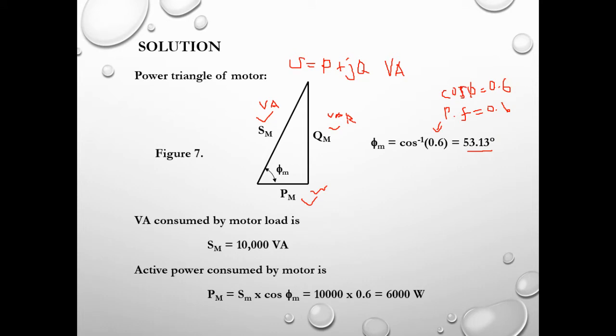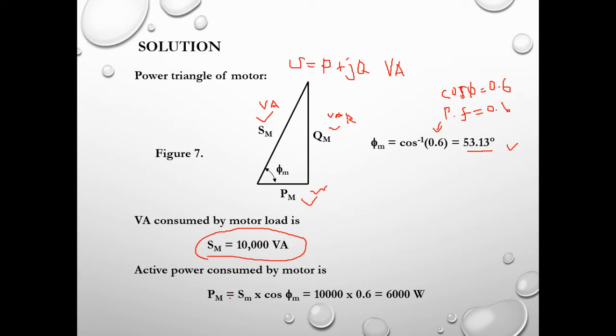At cos of 0.6, we get the value of theta in degrees, which is 53.13. The VA consumed by the motor load is again provided in the question, 10 kVA.